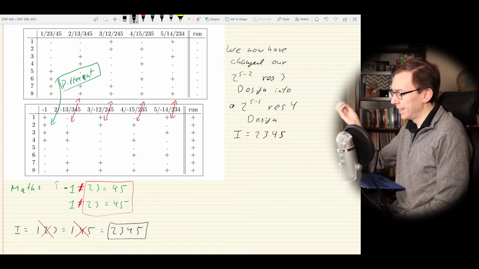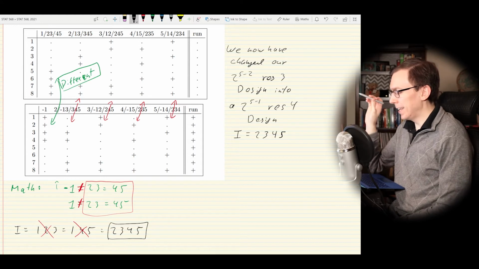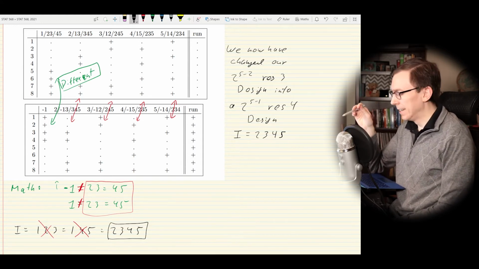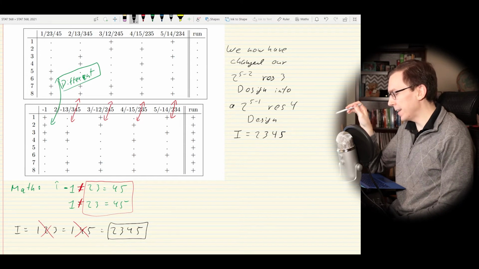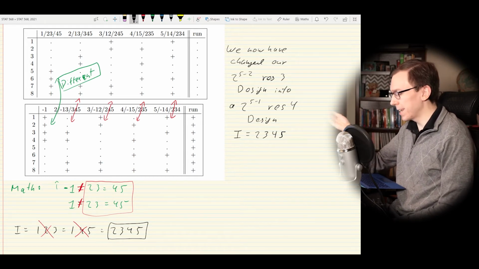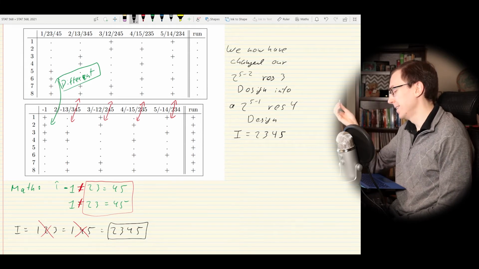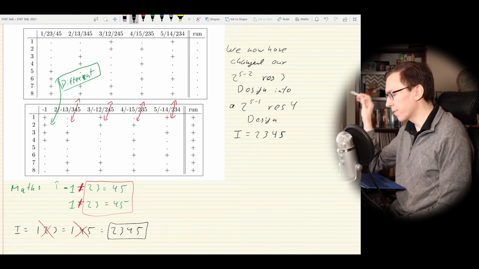So what that means is that now elements 2, 3, 4, and 5 are all clear. They are aliased with three-way interactions, but they are no longer aliased with two-way interactions. And factor 1, I should say, is now strongly clear because it is aliased with the five-way interaction 1, 2, 3, 4, 5.